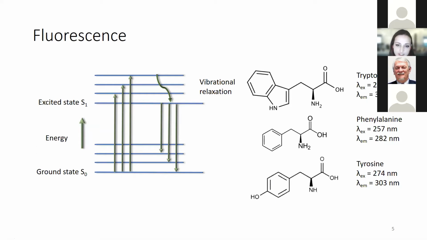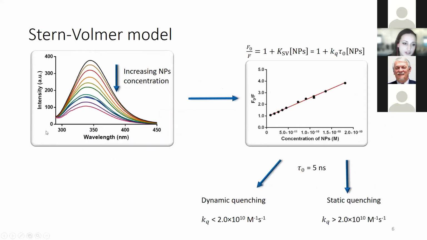That's why when we are evaluating interactions, we use an excitation wavelength of 280 nanometers, and we monitor emission spectra from 300 to 450 nanometers. The wavelength of maximum fluorescence intensity depends on the type of the protein, so it's not the same for every protein, of course.